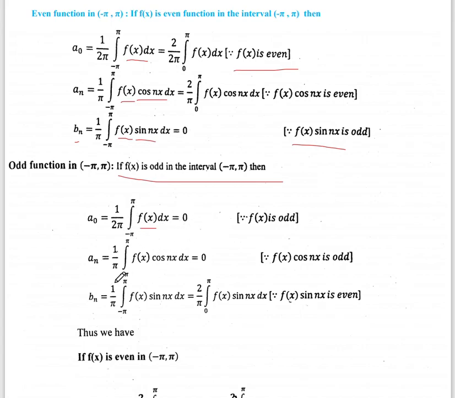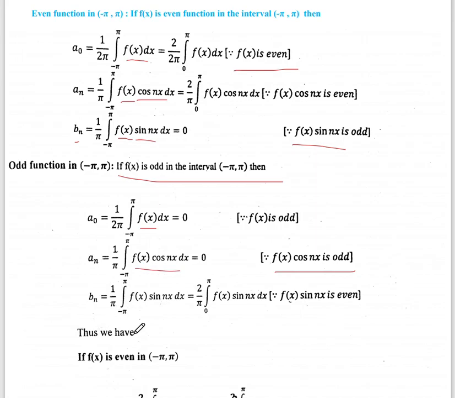Then an = 1/π integral from −π to π f(x) cos nx dx. f(x) is an odd function, cos nx is an even function. So the product will be an odd function, and the integration of an odd function is 0. So therefore an is 0.